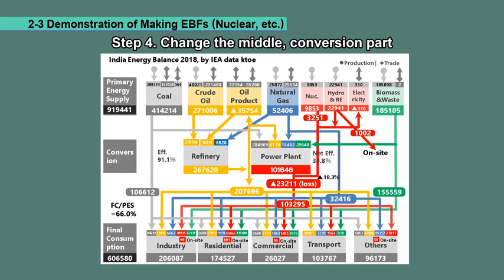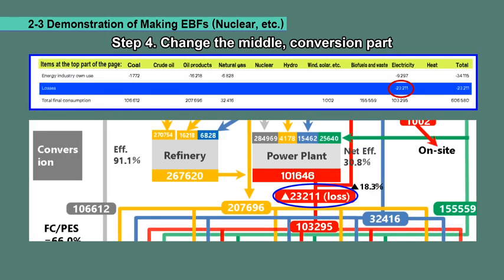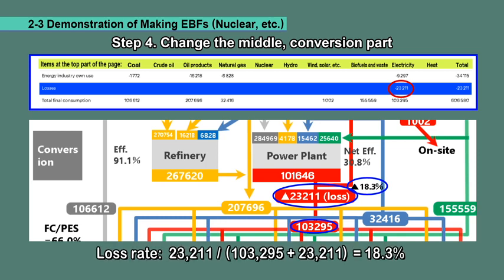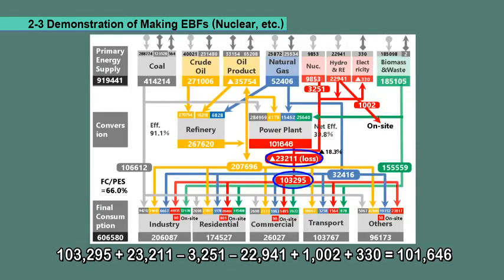Now, let's look at the conversion part. First, enter transmission and distribution losses. Next, add electricity, 103,295, and its losses, 23,211, and calculate the loss rate of 18.3%. Furthermore, 103,295 plus losses, 23,211, minus electricity from nuclear, 3,251, minus electricity from hydro and RE, 22,941.